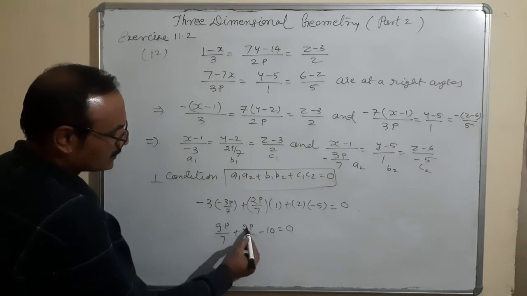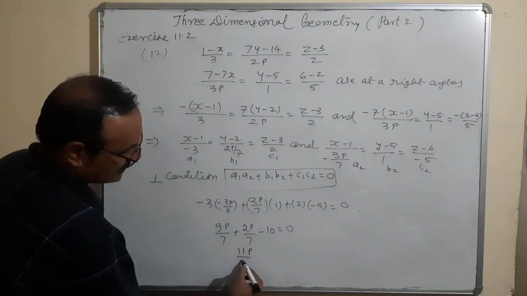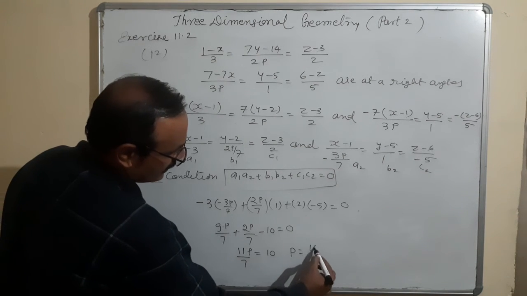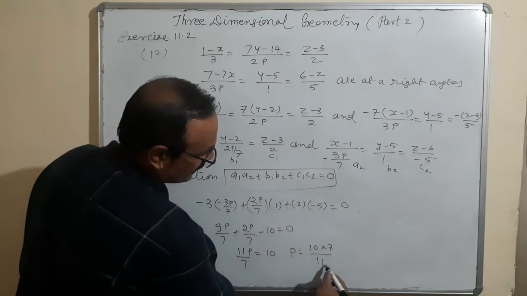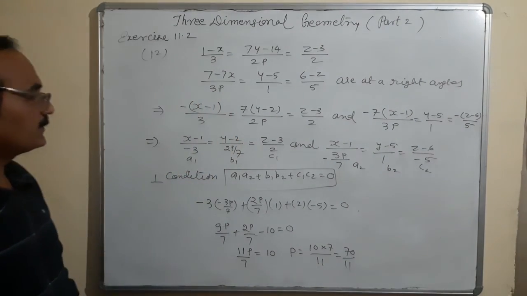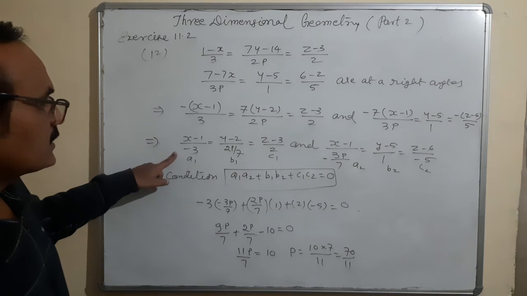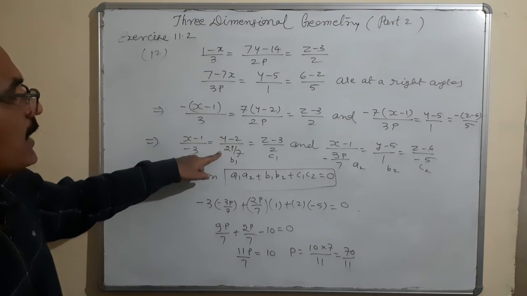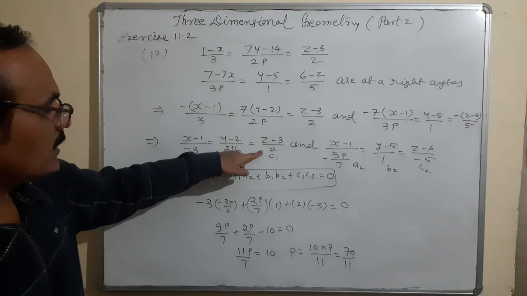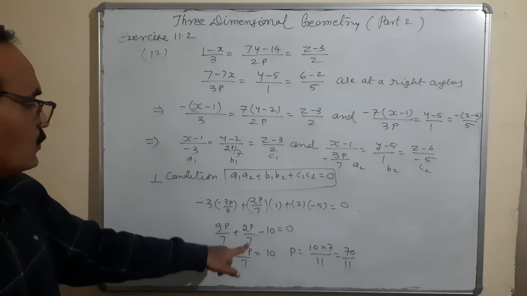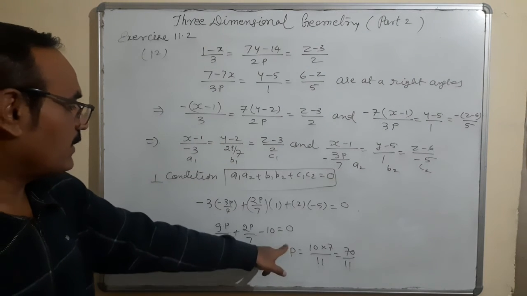So 9p plus 2p is 11p upon 7 is equal to 10. Therefore p is equal to 10 multiplied by 7 upon 11, that is 70 upon 11. Minus 3 into 3p upon 7, 2p upon 7 multiplied by 1, and 2 multiplied by minus 5, so it is 9p upon 7, 2p upon 7 and minus 10.